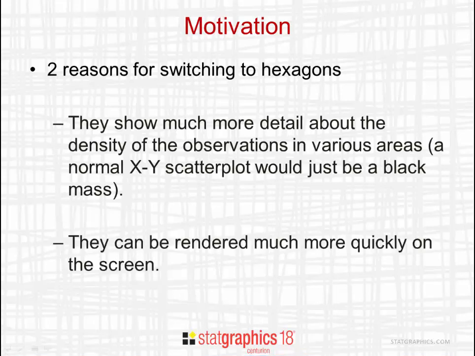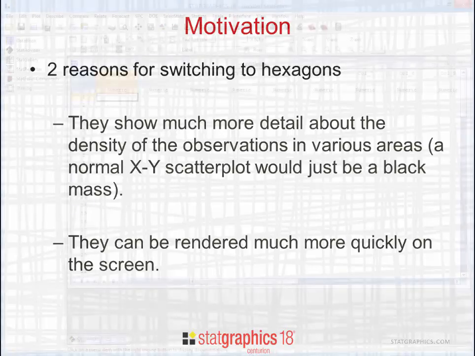Secondly, hexagon plots can be rendered much more quickly on the screen than an XY scatter plot with that many points. This is extremely important in Statgraphics, where we tend to maximize and minimize plots a lot, drag things around on the screen, and so forth.